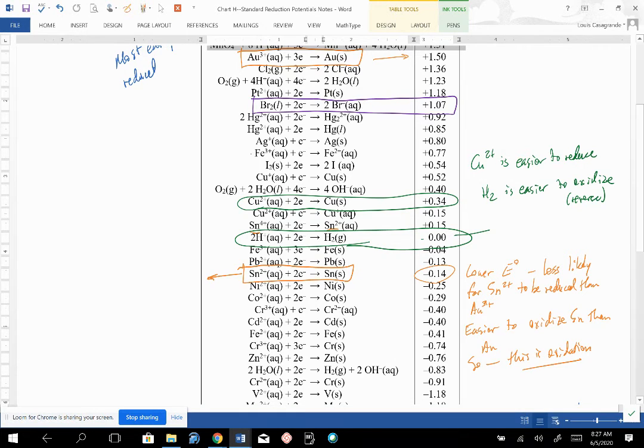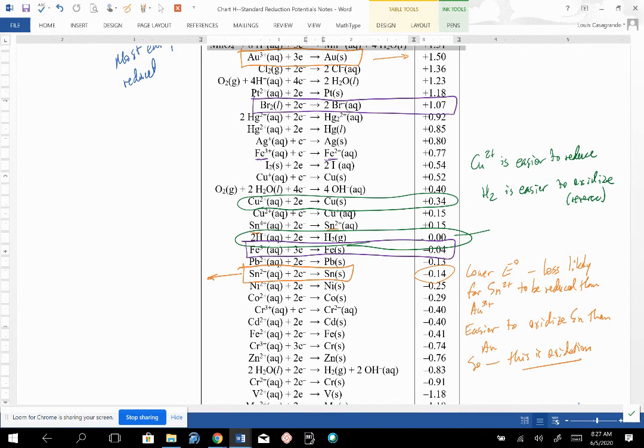Iron 3+ here, near the bromine, is being reduced to iron 2+. That's not the reaction we want. We want the one down here where the iron 3+ is being reduced to iron metal. Or in the reverse direction, the iron metal is being oxidized to iron 3+.